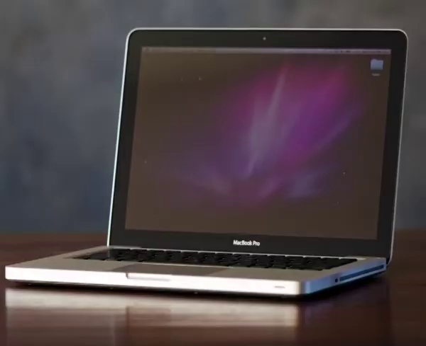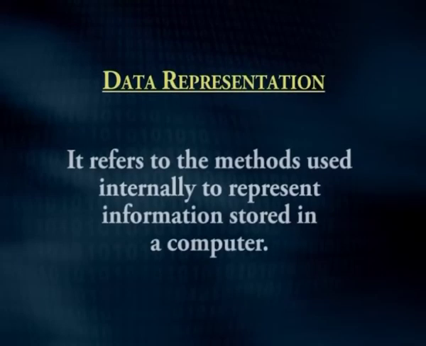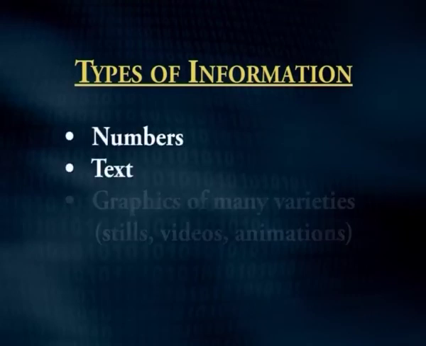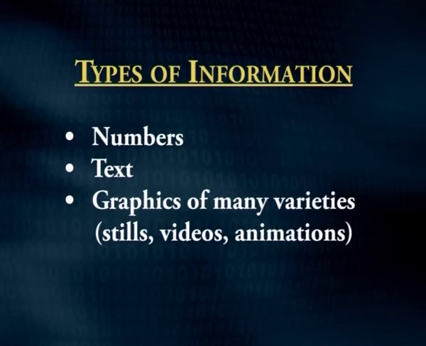Computers use strings of bits to represent all the different types of data that they have to work with. Data representation refers to the methods used internally to represent information stored in a computer. Computers store lots of different types of information like numbers, text, and graphics of many varieties, which includes stills, videos and animations, and audio.